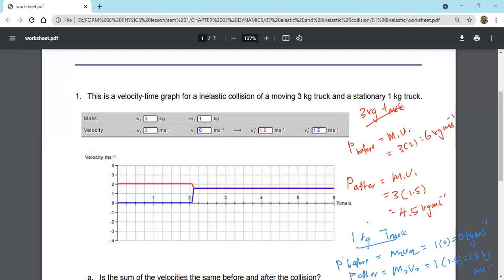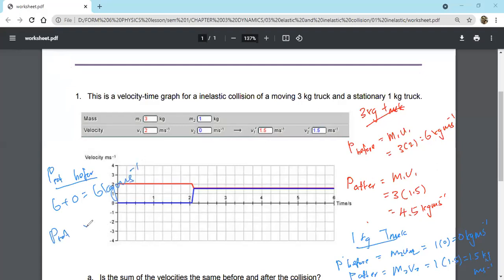So that means total momentum before, P total before, will be 6 plus 0, so it will be 6 kg ms negative 1.